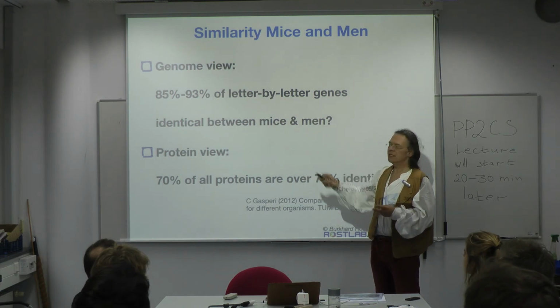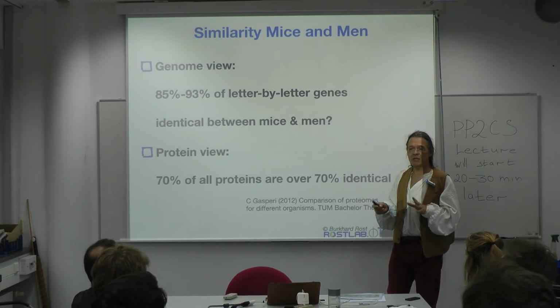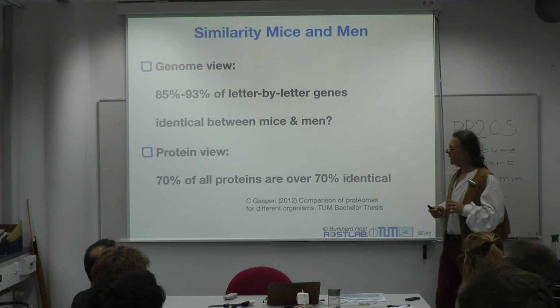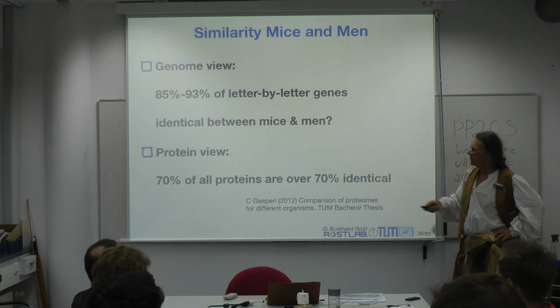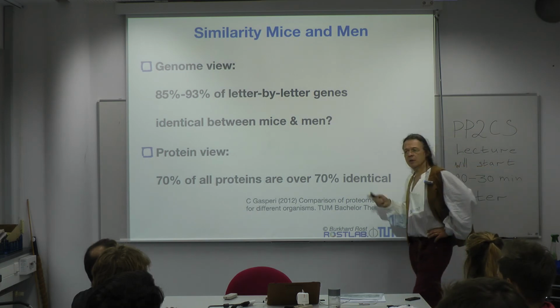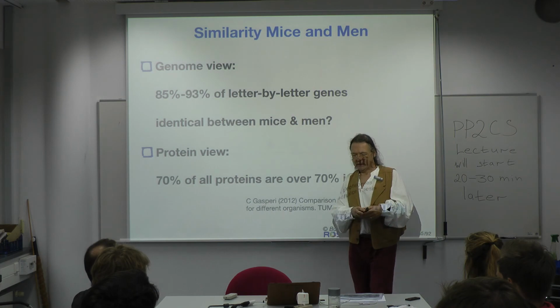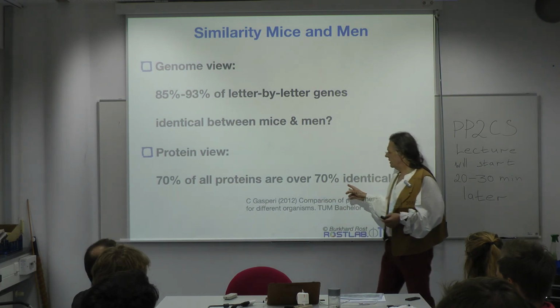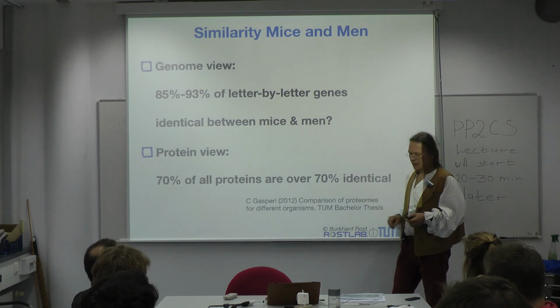So on that level, this number is roughly true. But if I get to the level of protein, the story is actually slightly different. So 70% of all the proteins are more than, so this is the 70-70-70 rule.